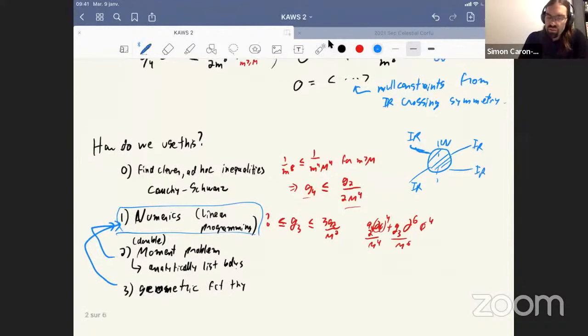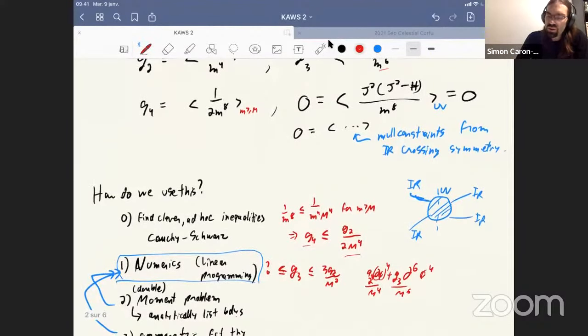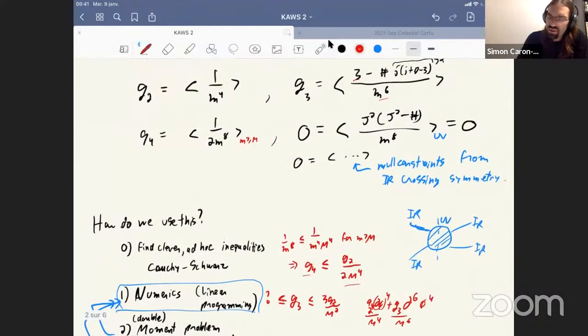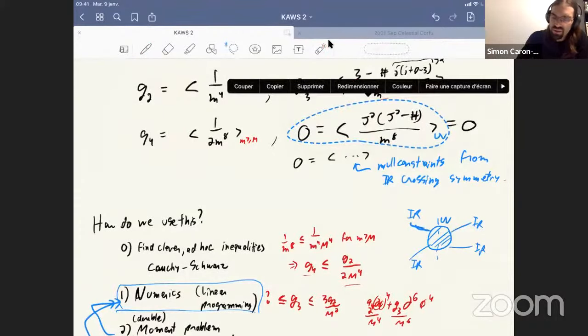Before I leave, maybe I want to describe a simple thing that can be proven by Cauchy-Schwarz. That's actually very nice. I'm just going to use that null constraint, which, remember, encodes crossing symmetry. We'll be finishing in two to three minutes, if that's okay.